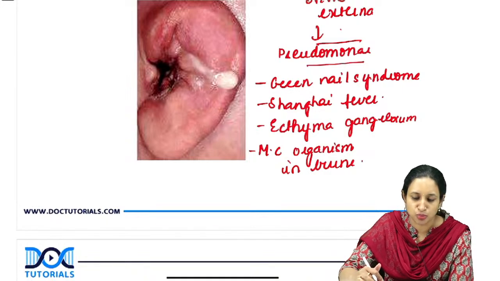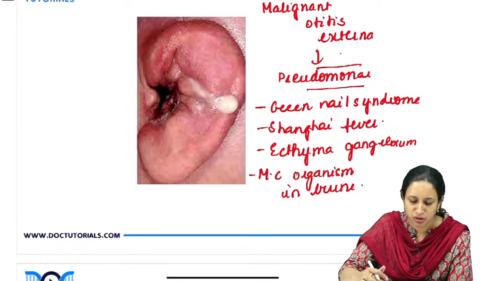So this is Pseudomonas. So it is malignant otitis externa caused by Pseudomonas.